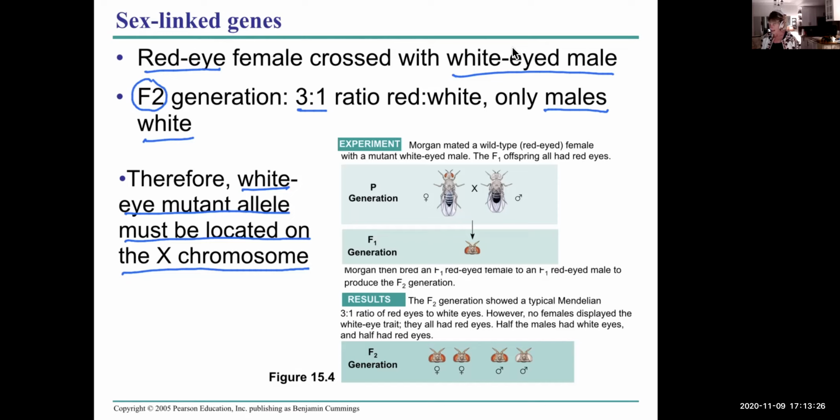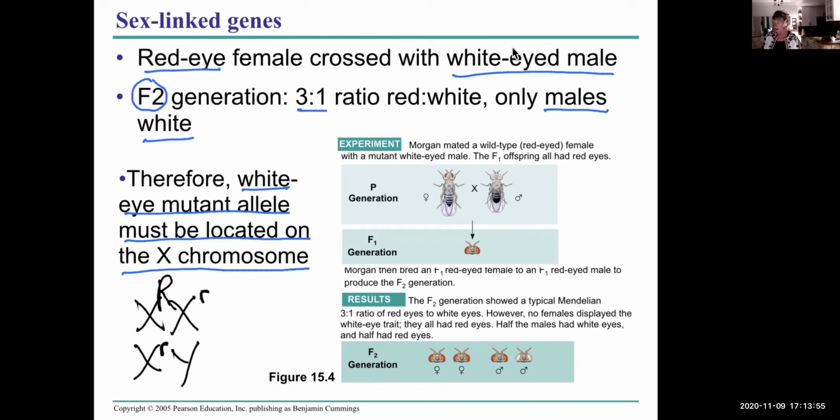All females are XX. If the female has one red-eye allele, even if the other one has the white-eye allele, she won't show it. But for the male who inherits XY, if the male gets the recessive allele on the X chromosome, the Y chromosome does not have the masking allele on it.